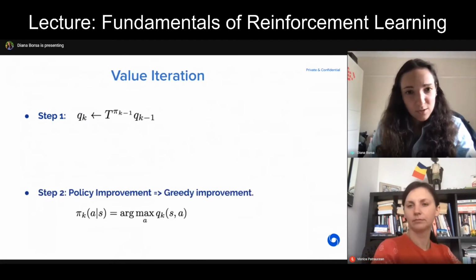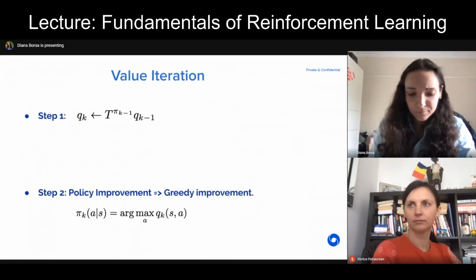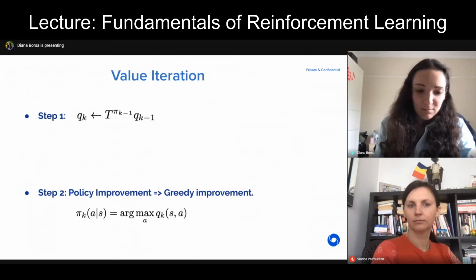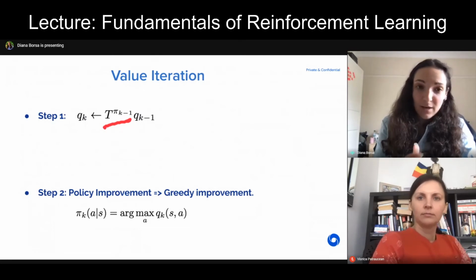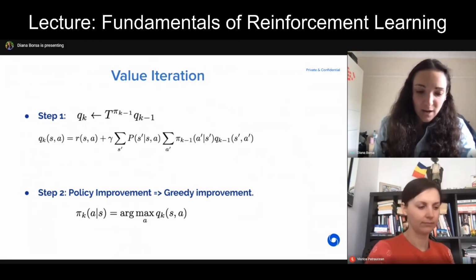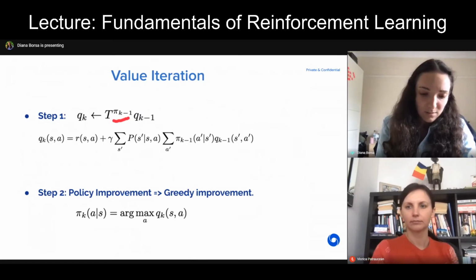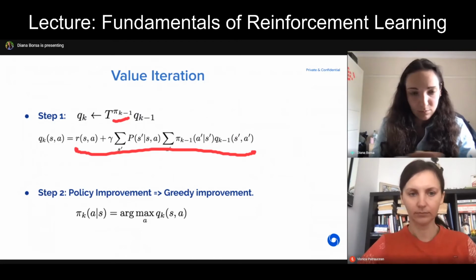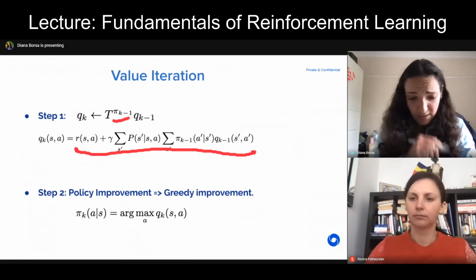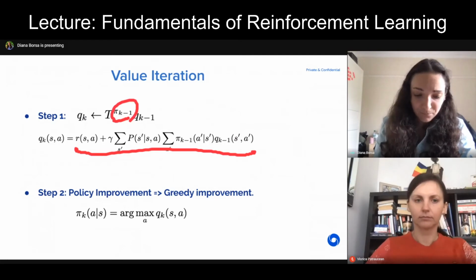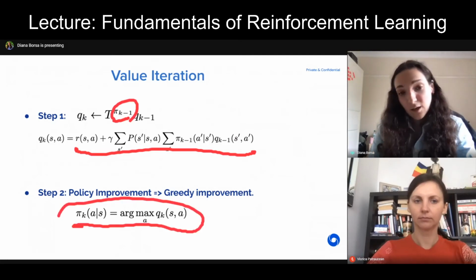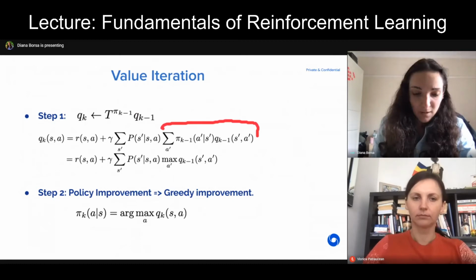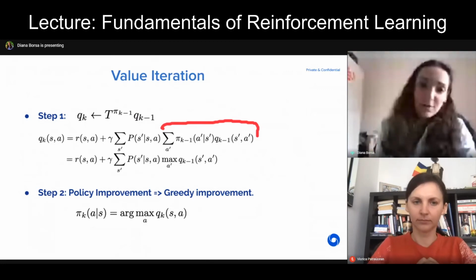Okay. How does this look? So this leads to a class of algorithms called value iteration, which basically does exactly this. This is just the Bellman operator with respect to the previous policies that we have. This previous policy, I'm just rewriting it in its expectation form. And this policy was defined as the greedy with respect to my previous value function, which means that this expectation here just evaluates to the max of the previous value function.